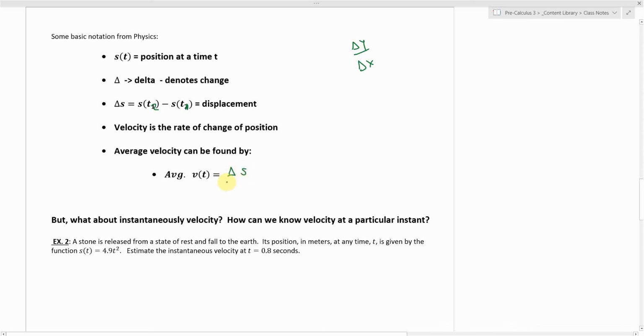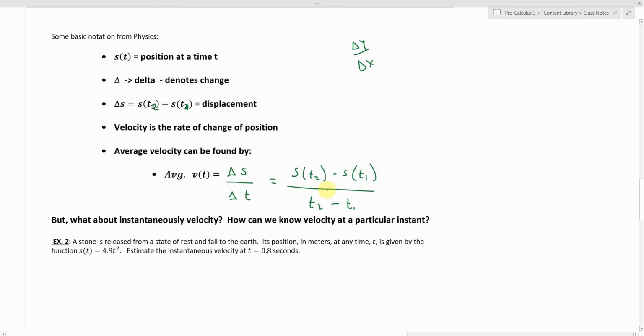In other words, S of t2 minus S of t1, over t2 minus t1. Okay, this would be our average velocity function. You'll notice it looks very much like the slope equation.